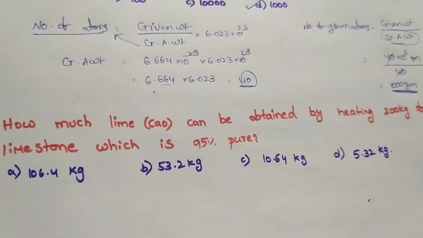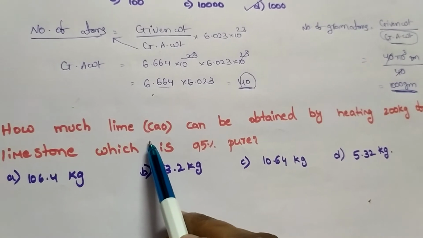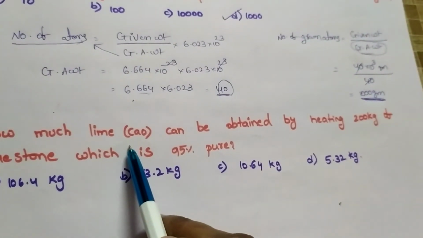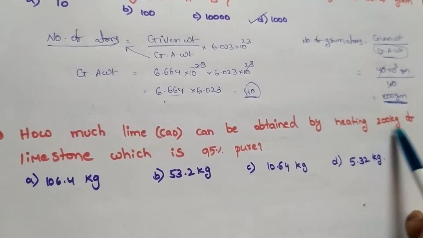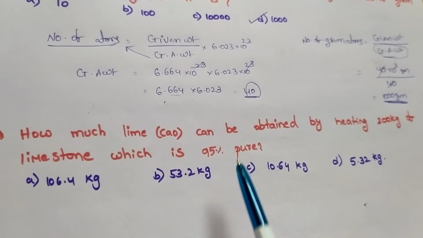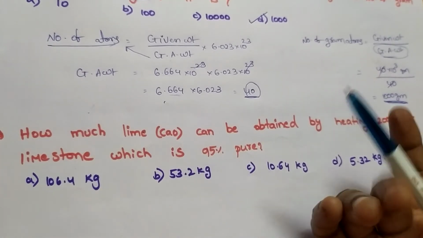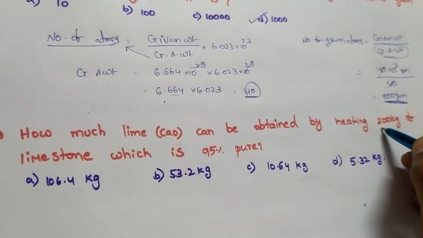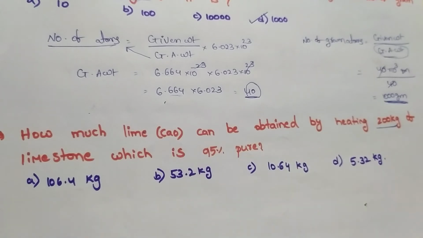So here they are asking the question, how much lime can be obtained by heating 200 kg of limestone, which is 95% pure. So now we have to calculate how much amount of CaO is present in 200 kg of limestone.